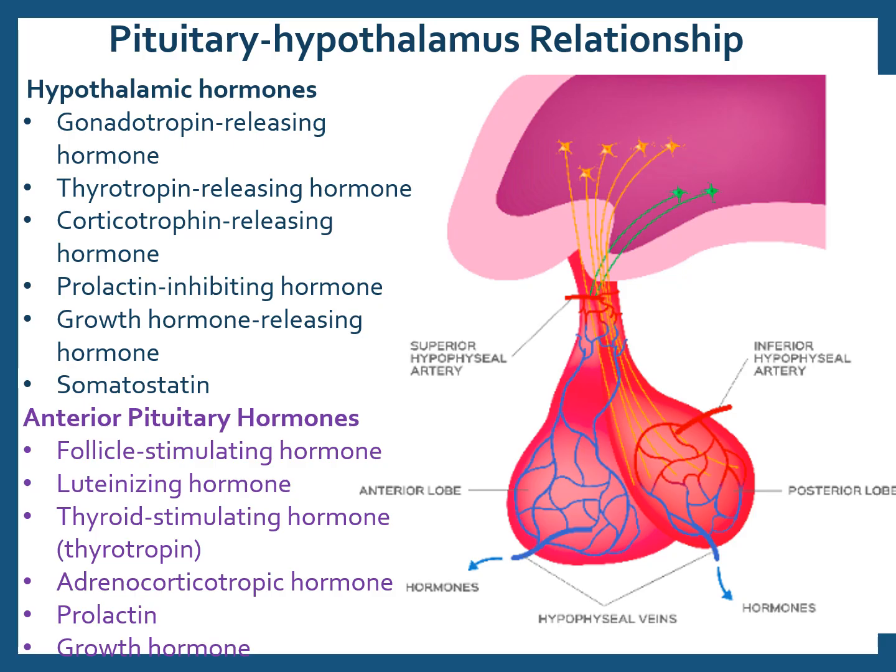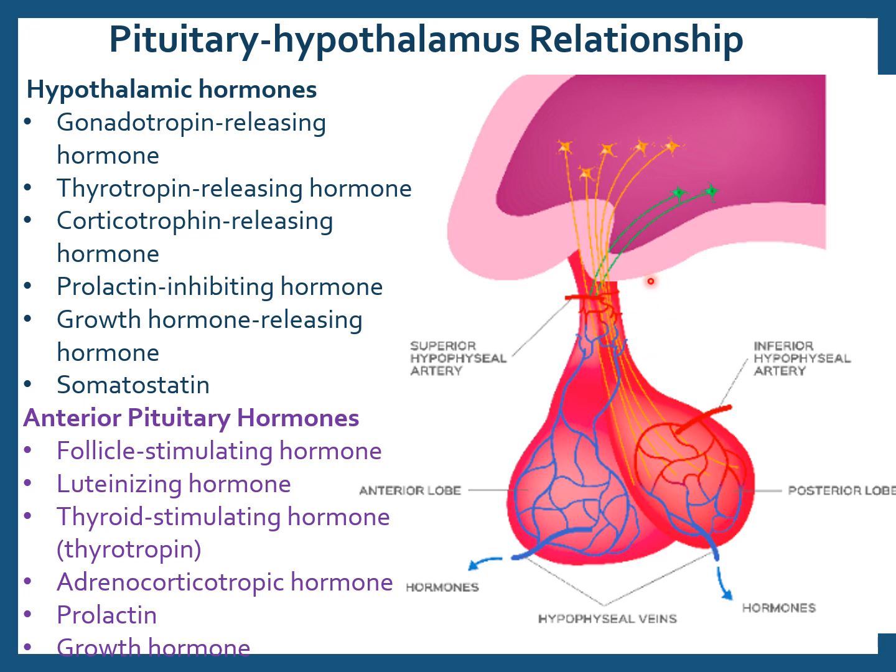What goes through this stalk creates what's called the hypophyseal portal tract. What creates it are these blood vessels in this portal venule. Typically, blood flow goes from an artery to a capillary, then to a vein.